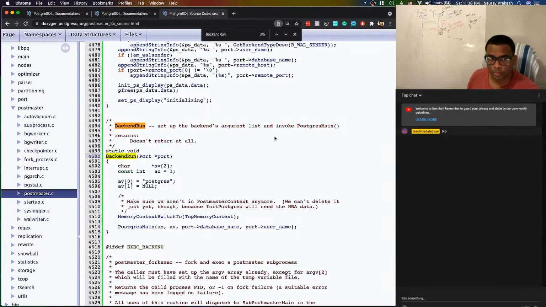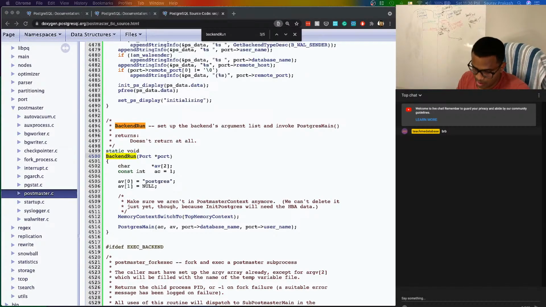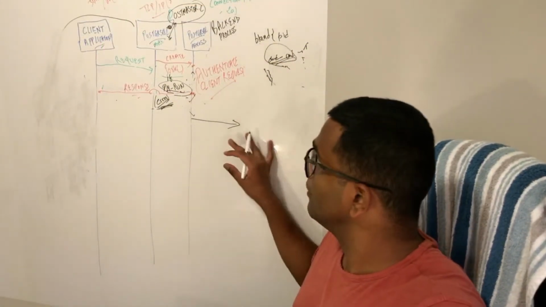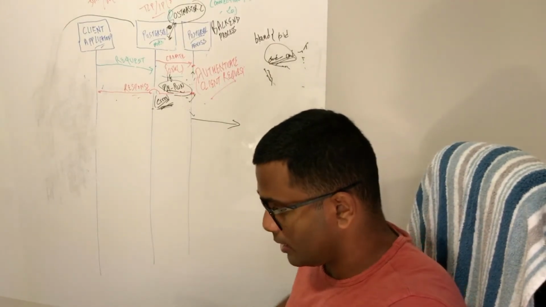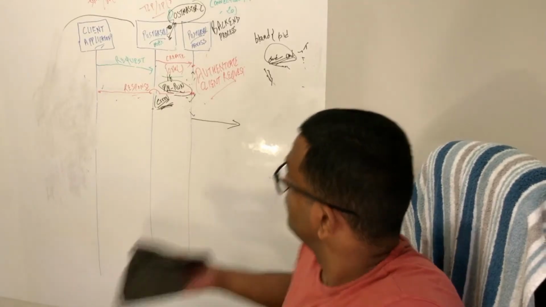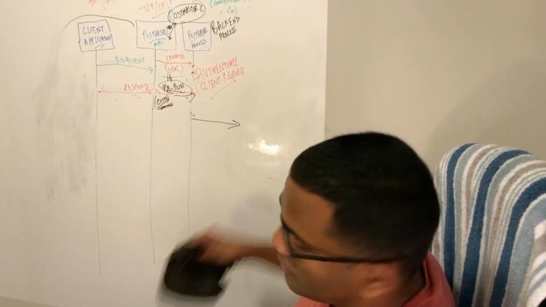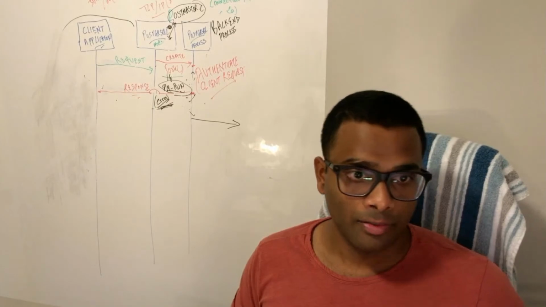Okay, so what is this Postgres main? I am very intrigued. So it is saying that after this, not the parse, it's calling another one, which is the method called invoke Postgres main.